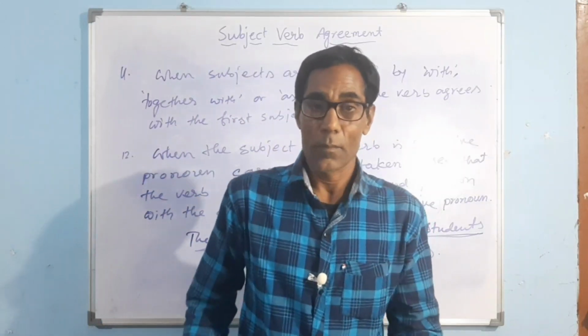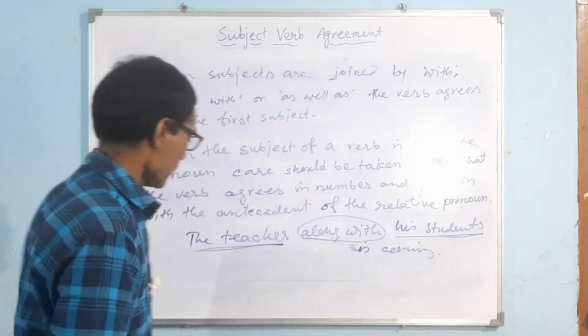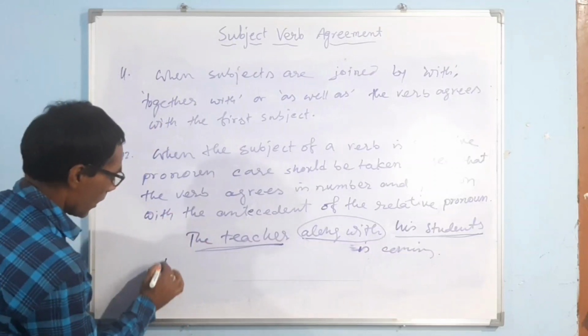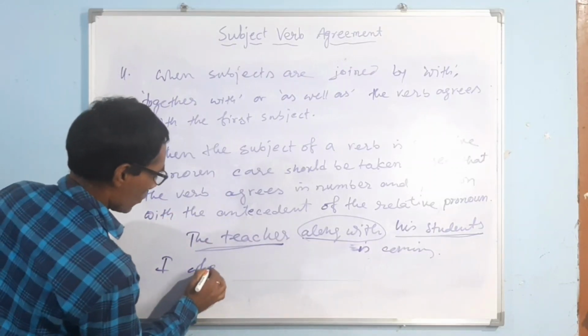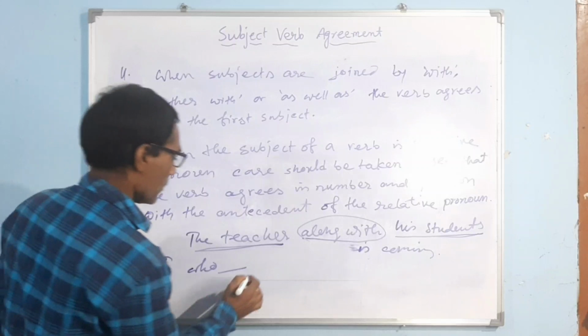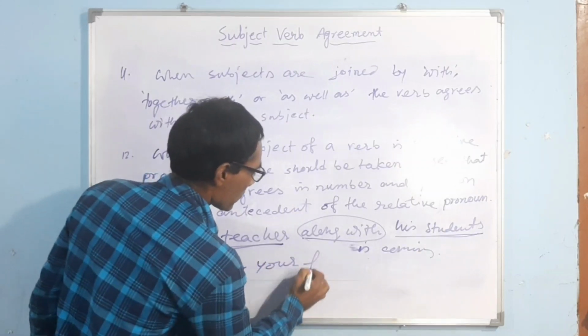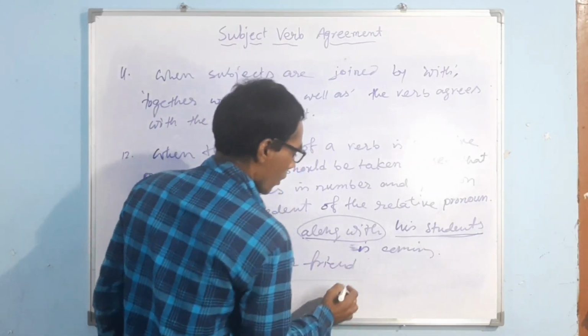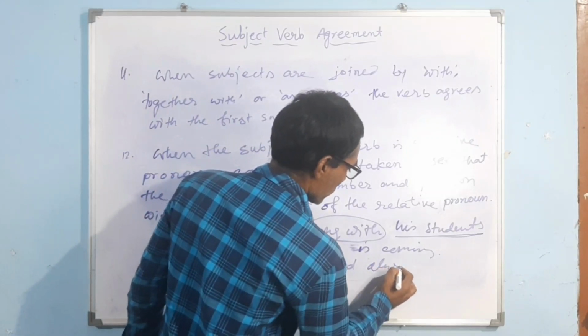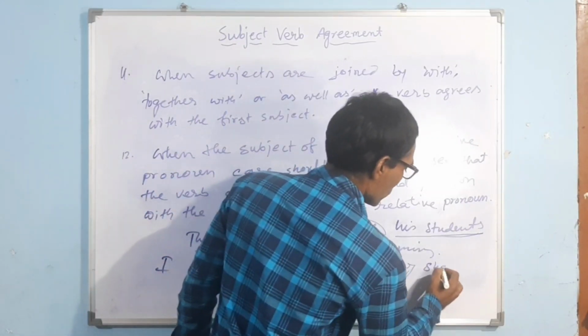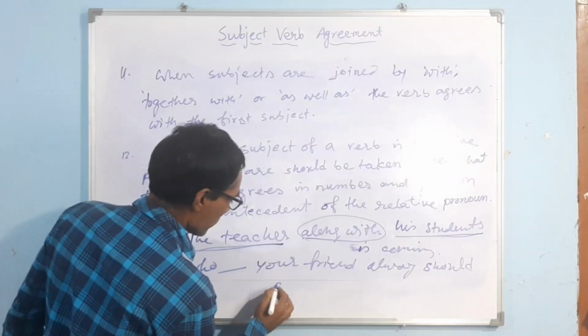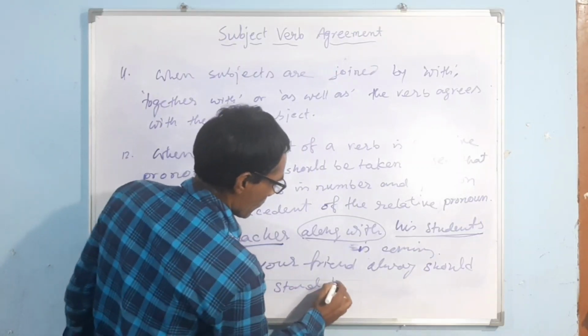What is the meaning of it? Let's see one example. I, who, dash, your friend, always should stand by you.